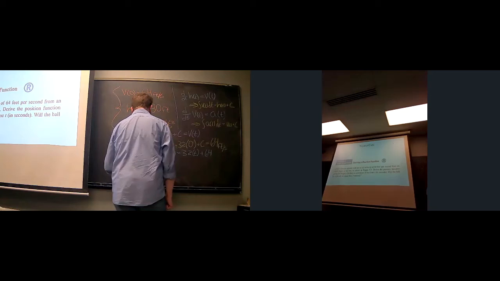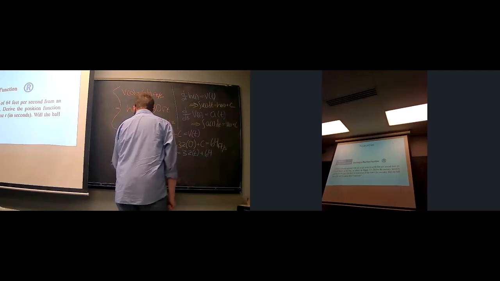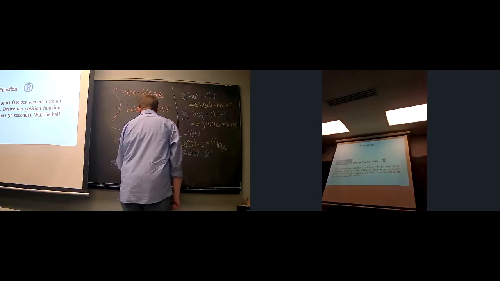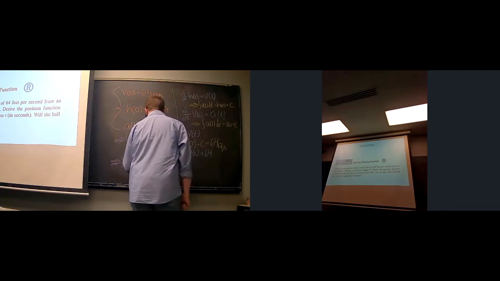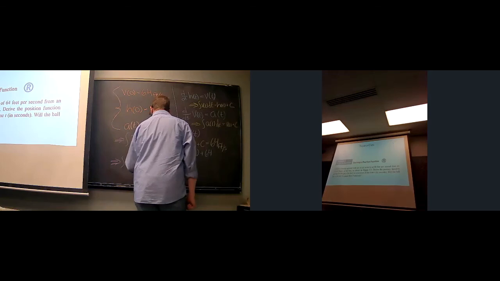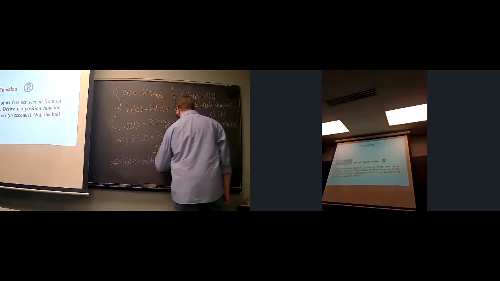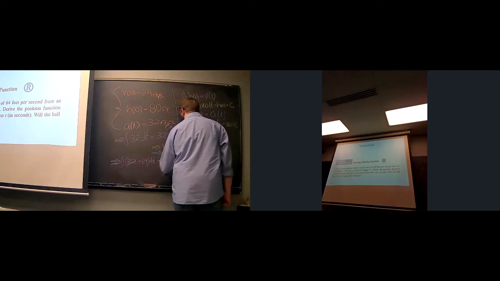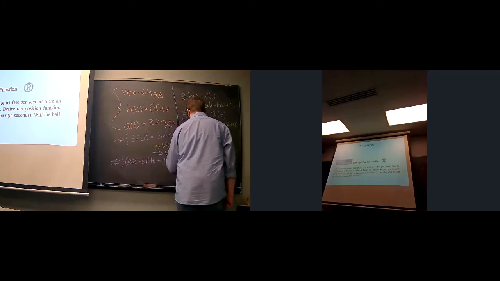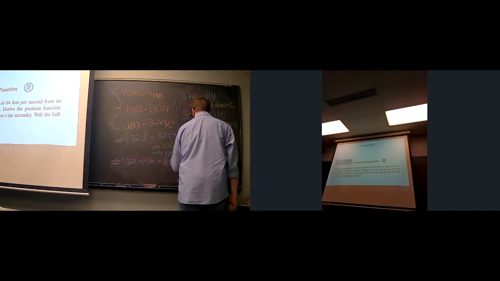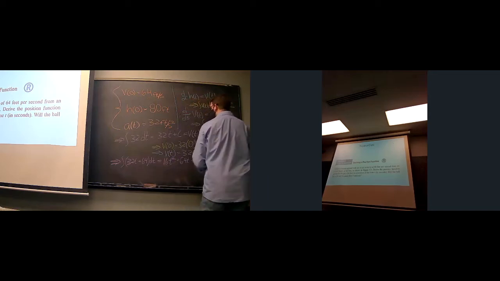So this is going to tell us that 32t plus 64 integrated with respect to time is all going to be equal to 16t squared plus 64t plus some constant. This is equal to h of t.